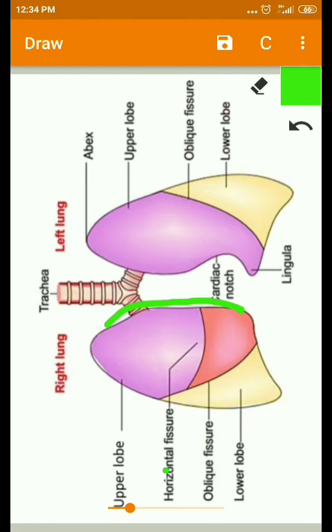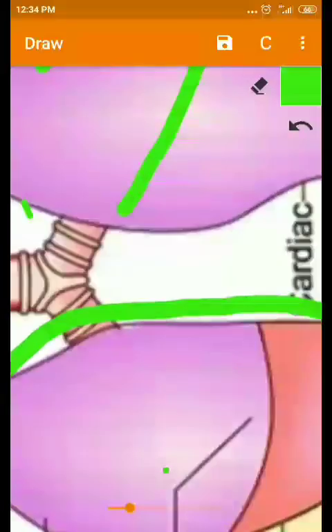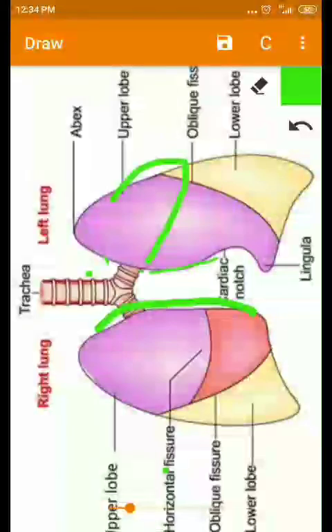So anterior, behind you have the posterior border, and below you have the inferior border. Coming to the surfaces, it has two surfaces: the costal surface and the mediastinal surface.